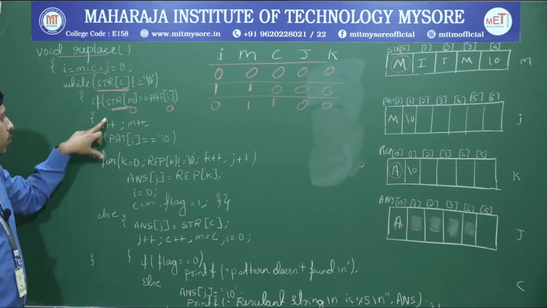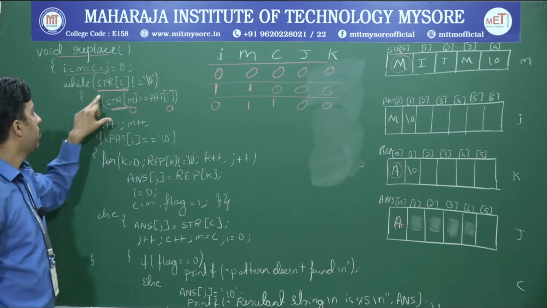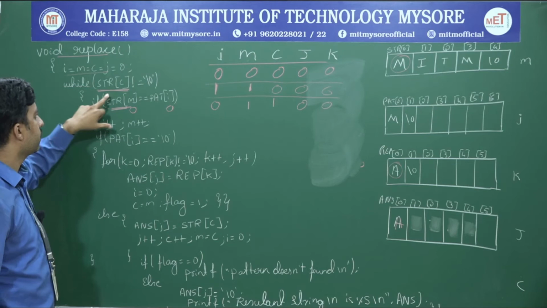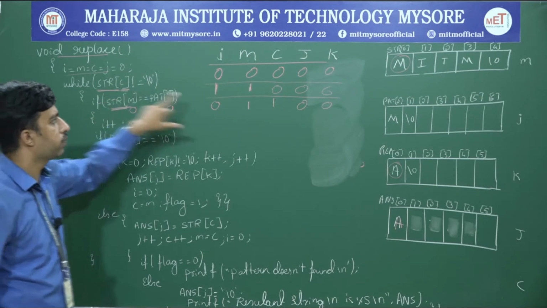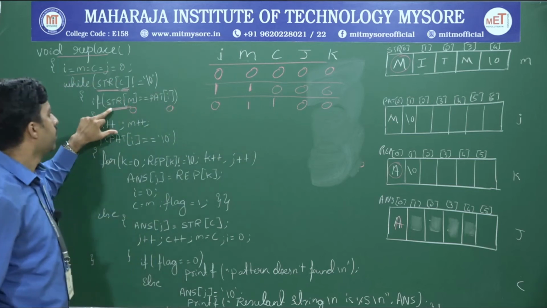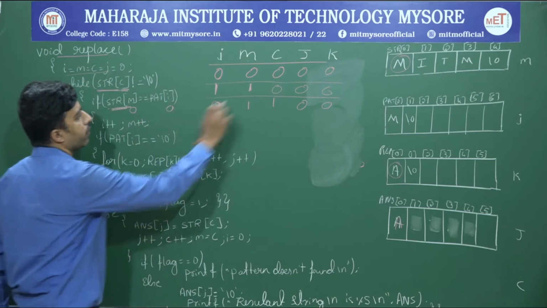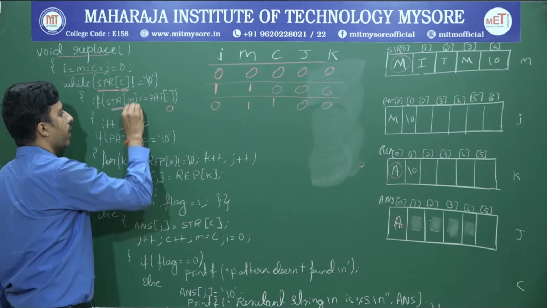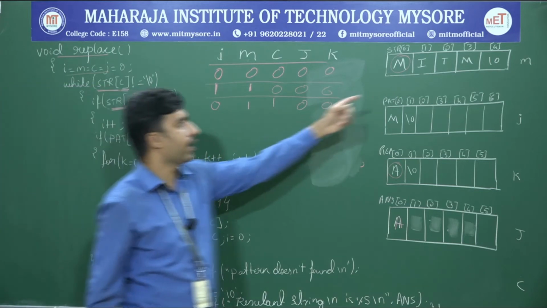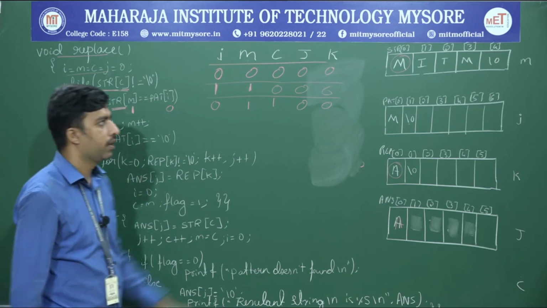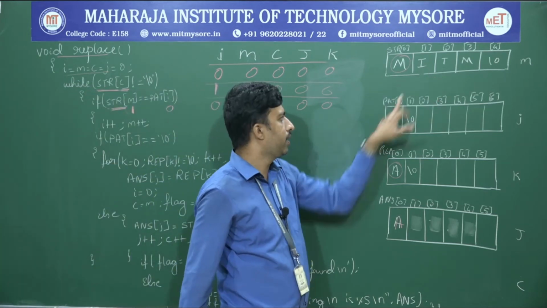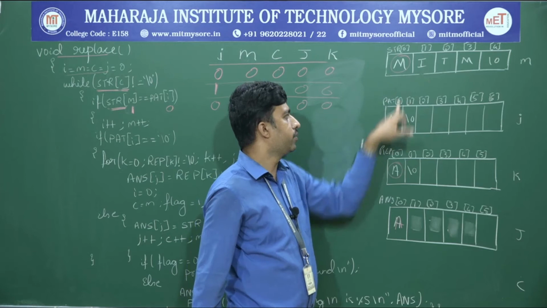Now it goes back to check again. Now c is 1. What is the m value there? m of 1. The string of 1, the second character of the main string, is checked against the pattern string. The second character of the main string is i and the pattern string is m. Is i equal to m?